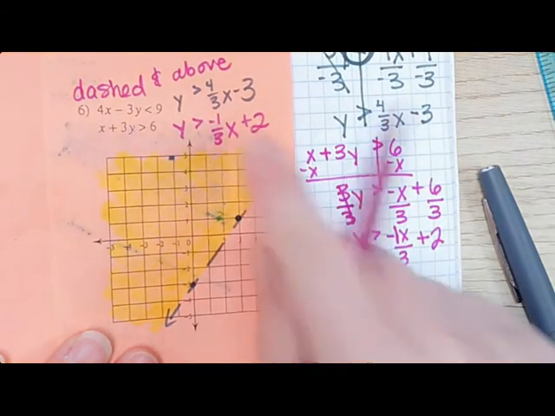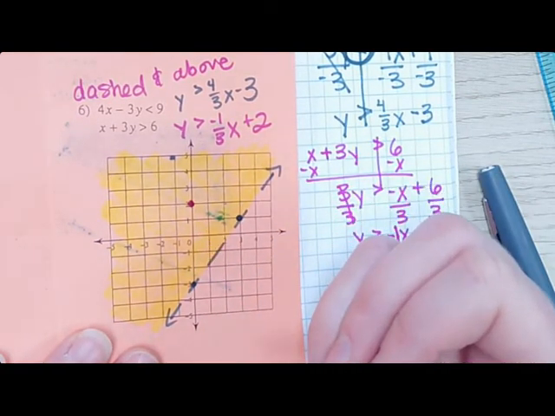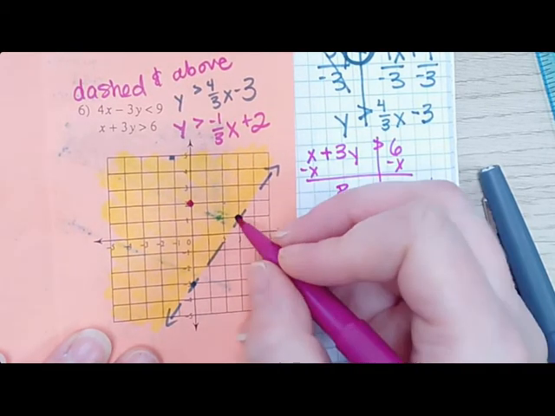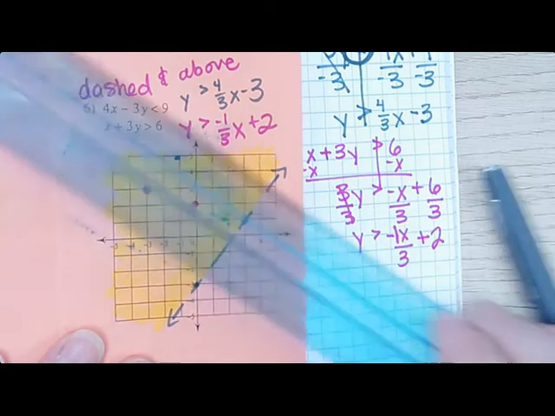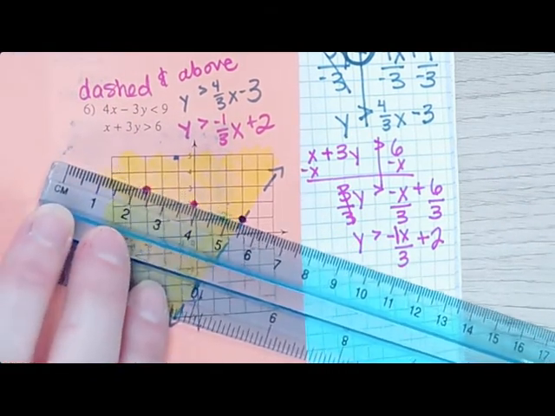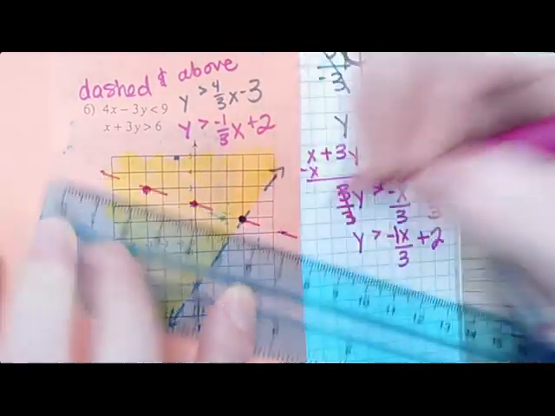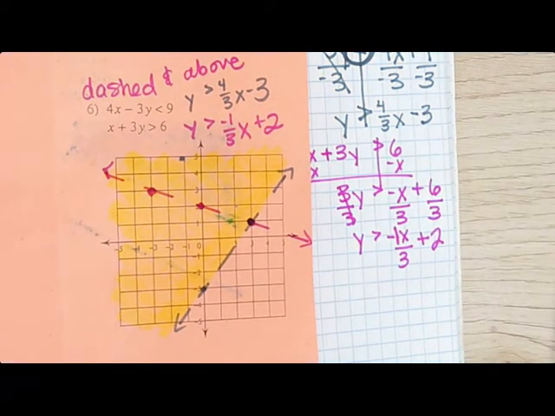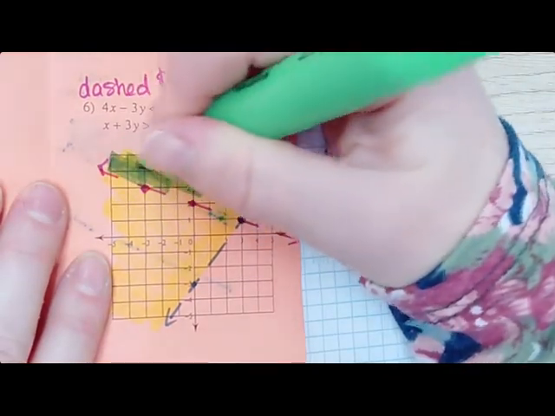Then the next one, the y-intercept is positive 2. Our slope is -1 over 3, so we're going to go down 1 over 3. That's where they intersect. And then up 1 over 3. This is also a dashed line, and it's greater than, so we're going to shade above.